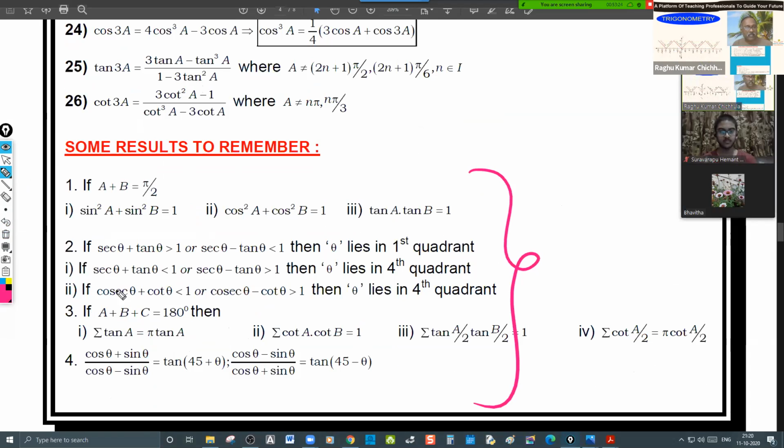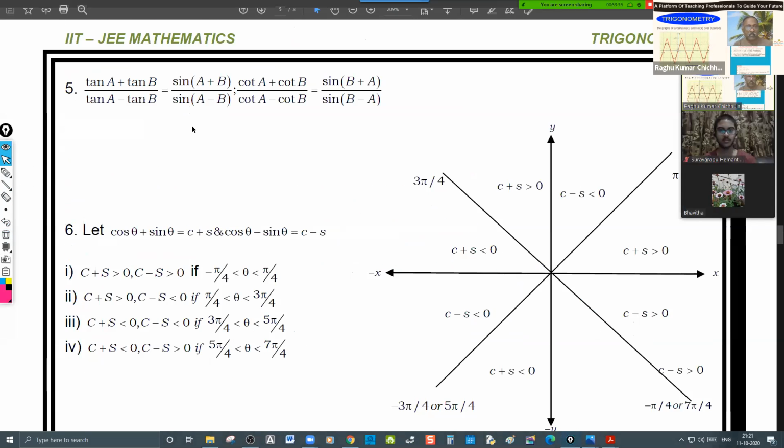Not only this, for the higher level, that is IIT Advanced level, you have some more such formulae. These are through graph, you have to remember: cos theta plus sine theta, cos theta minus sine theta, when is it positive, when is it negative. All this I'll explain through derivation.